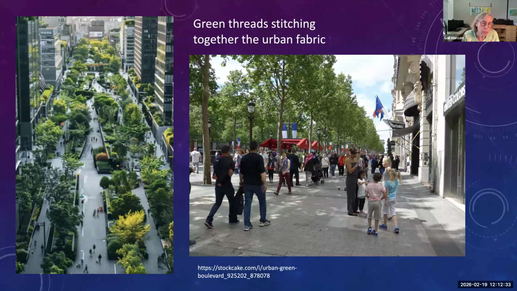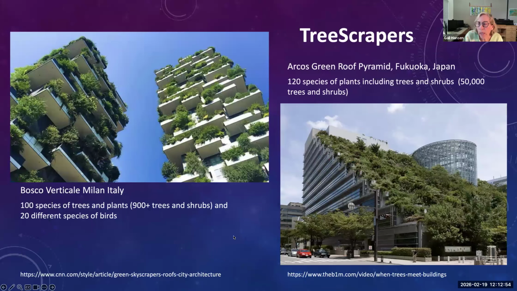But it was a very pleasant, very nice promenade to walk on with 3 rows of street trees. And I thought that was kind of the perfect example for other cities to aim toward. But I was also very interested in looking at where else people are putting trees.